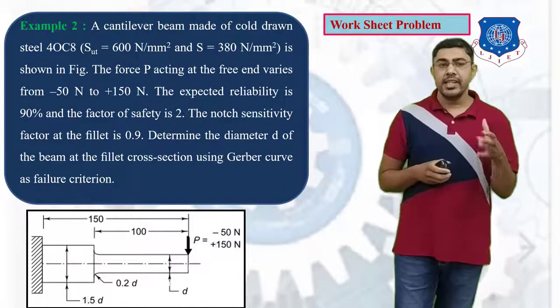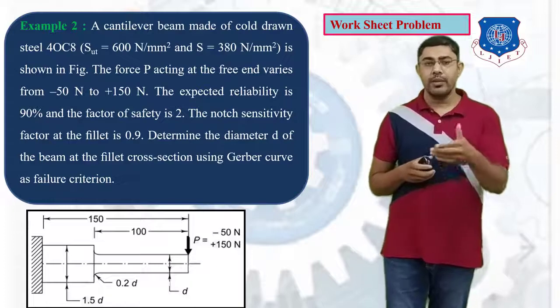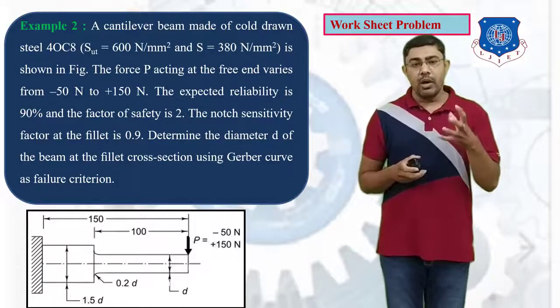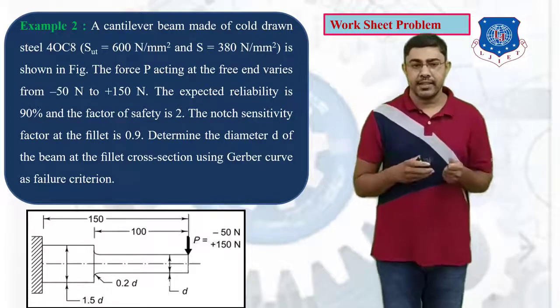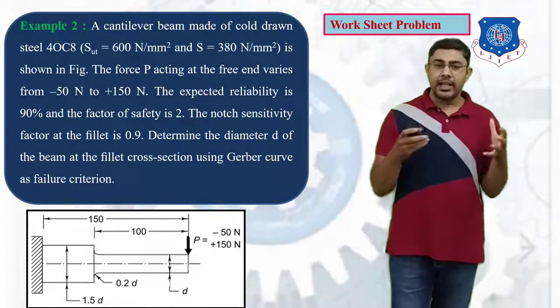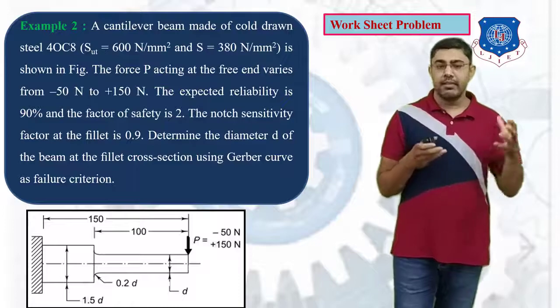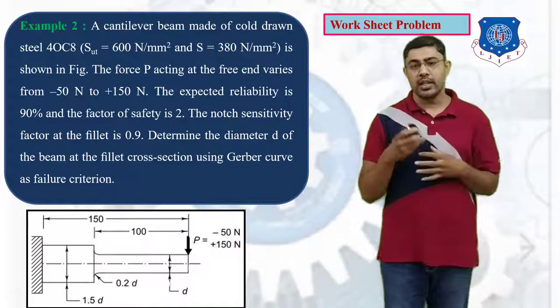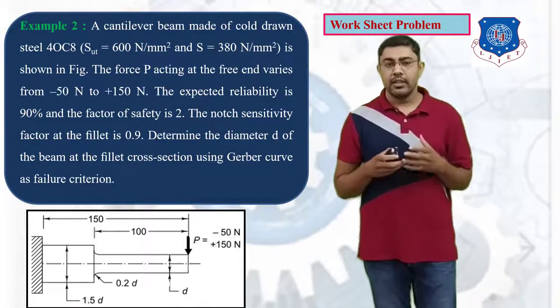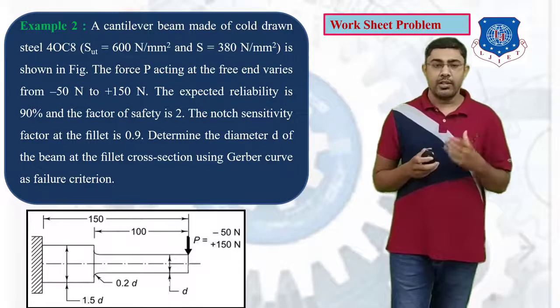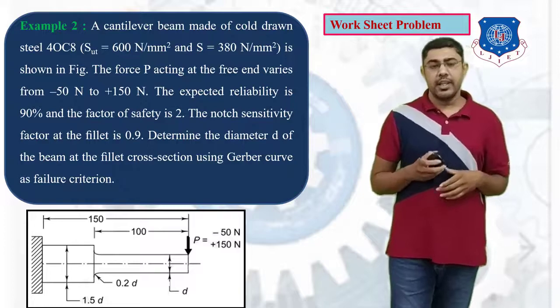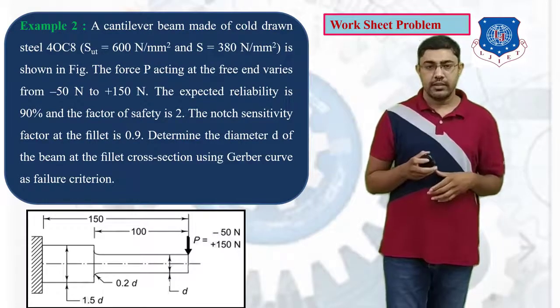You have to find the diameter of this bar at the fillet section, and to calculate it, you have to use the Gerber line failure criteria. So you have to do it yourself. We will discuss it in the next lecture. Thank you.